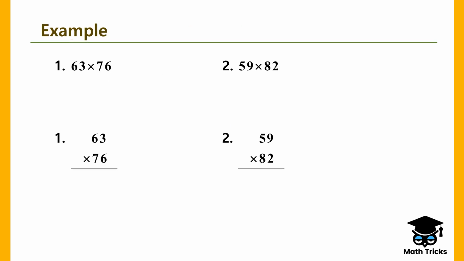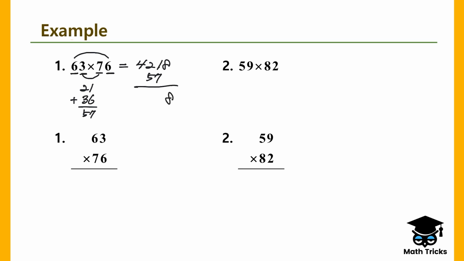Now let's try these examples. Number 1, 63 times 76. So multiply these two numbers. 42, 3 times 6, 18. Inside 2, 21. Outside two numbers, 36. Sum of these two, 57. So write 5, 7.